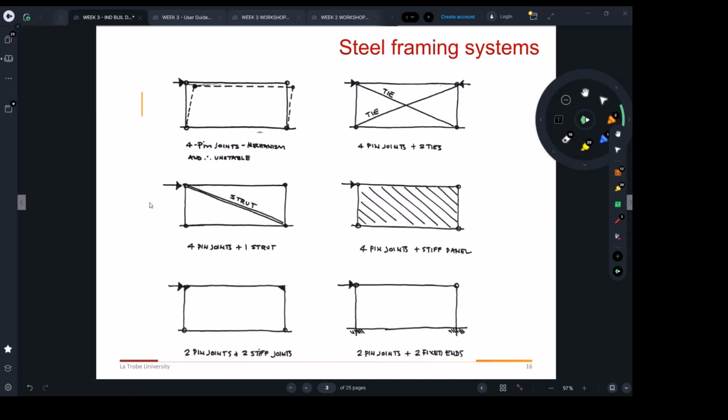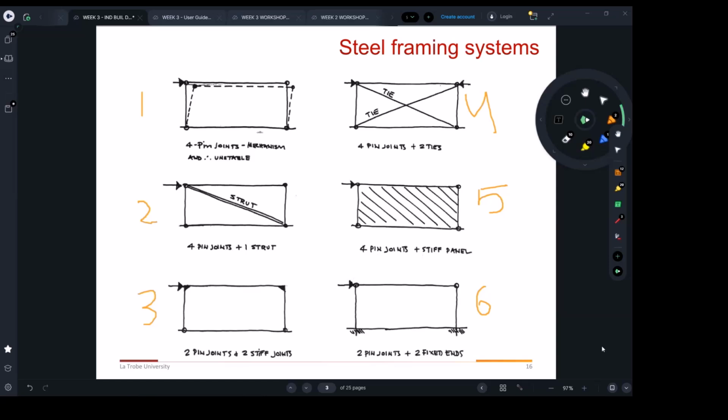So take this as 1, 2, 3, 4, 5, and 6. Which frame sketched in front of you is actually a portal frame? 4 and 5. I can't hear you. Sorry, really, it's not loud. What was it? 4 and 5.